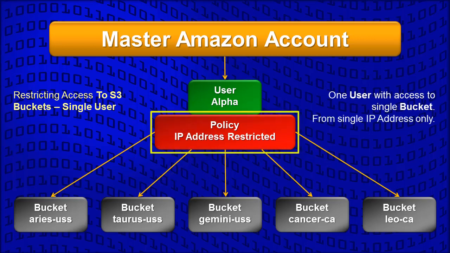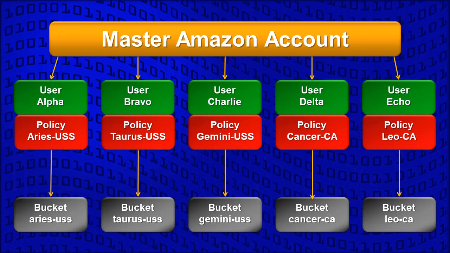An IP address or IP network restriction policy may be used to limit access for maximum security. In this scenario, access to the buckets may be restricted to a server or servers accessing Amazon from a known IP address or address range only. Under a master account, an unlimited number of users may be created, each with access to its own private bucket.